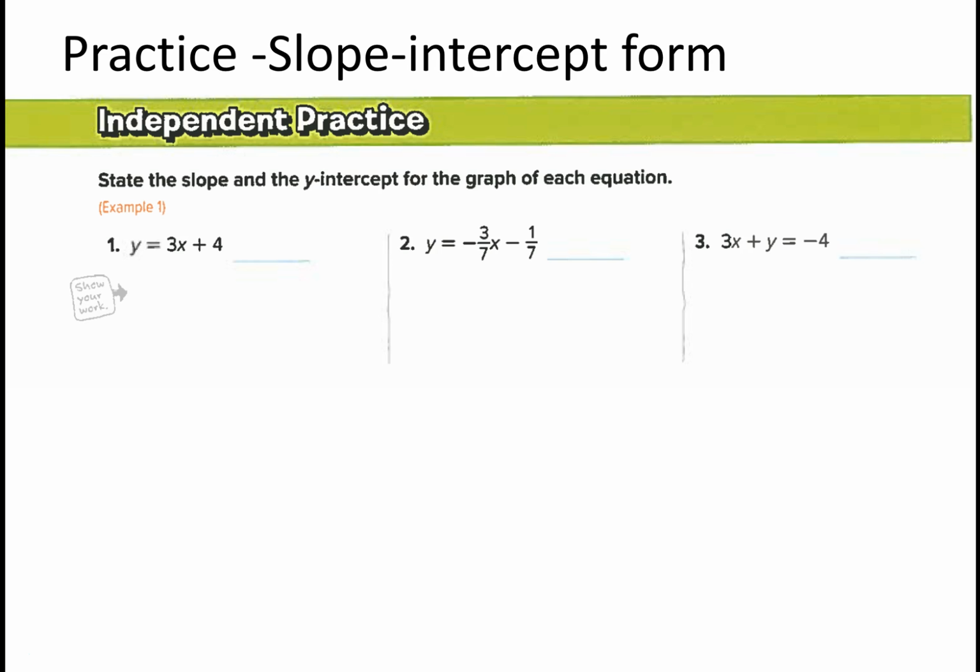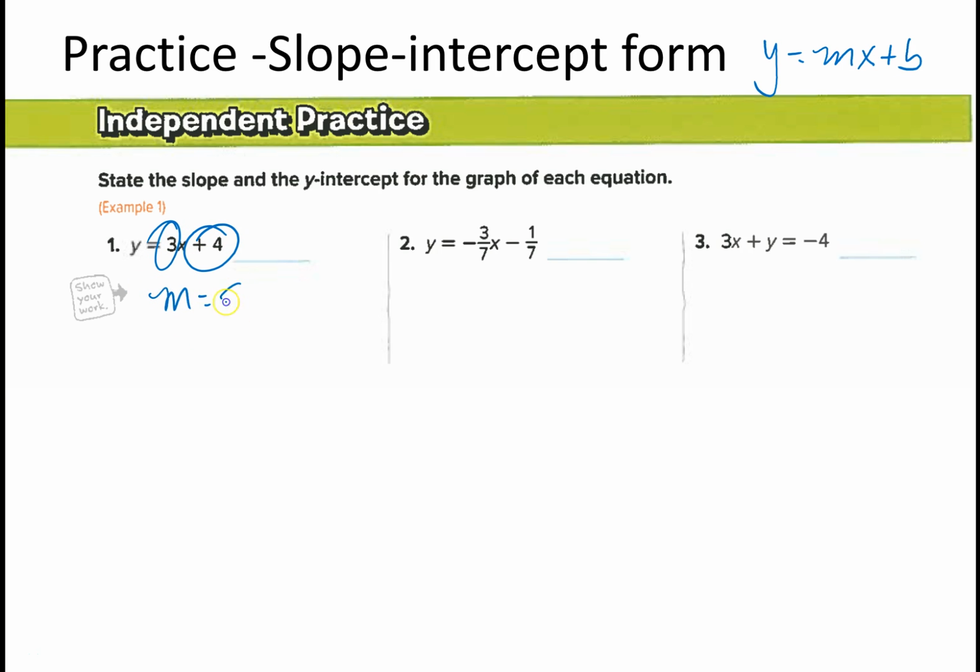State the slope and y-intercept of the graph of each equation. We know the slope-intercept form is y equals slope times x plus the y-intercept. So this right here is my y-intercept, and this right here is my slope.